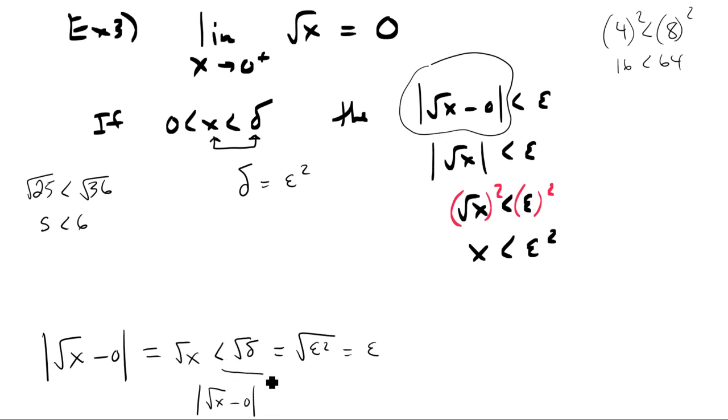As long as I pick a specific delta, which is this one, even though there's an equal sign right here, the important part is I have an inequality, and it will allow us to still be less than epsilon any time whatsoever. Okay, are we good there? All right, precise definition of limit, geeking out on limits, that's cool.